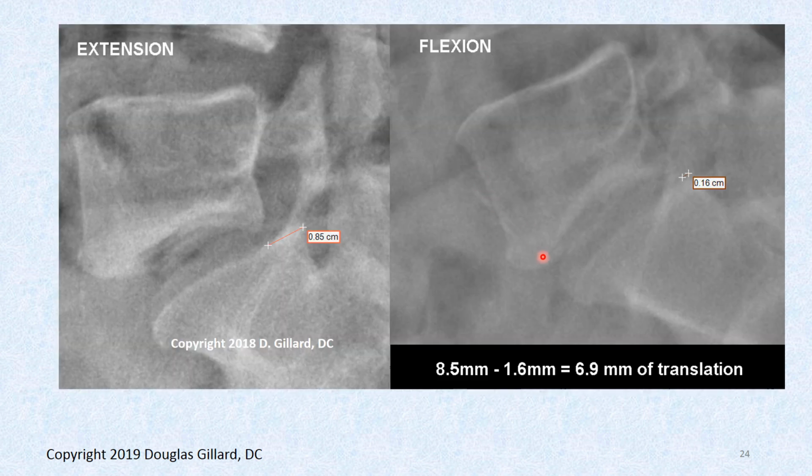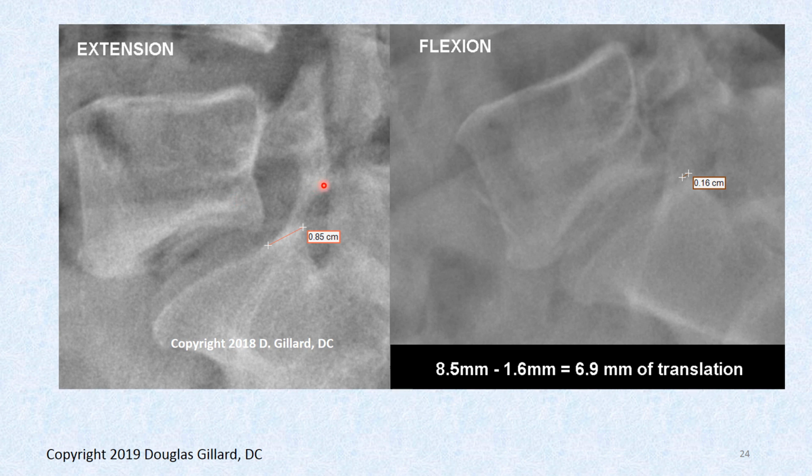Here's the flexion extension that we ordered. So she does have a spondylolisthesis at L5. So when she bent backwards, this is a little unusual, because when you're unstable, you don't always follow the rules. Normally when you bend backwards you slip back, but in this case it was the opposite.